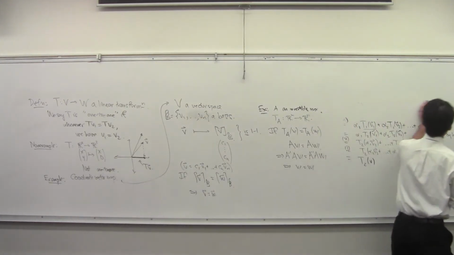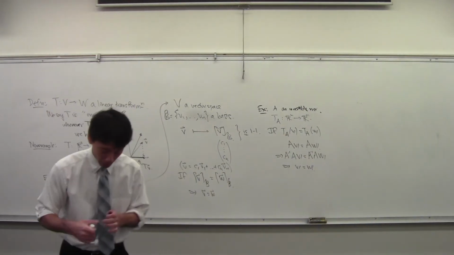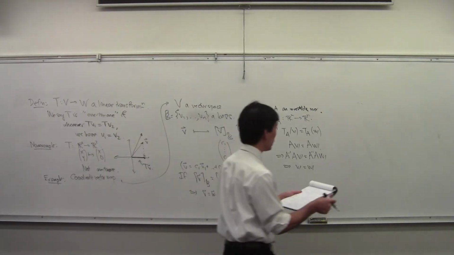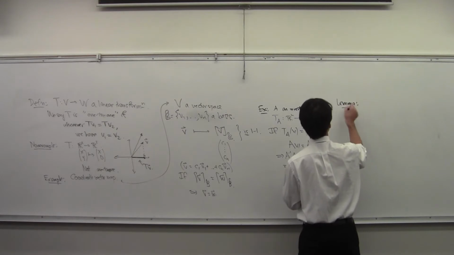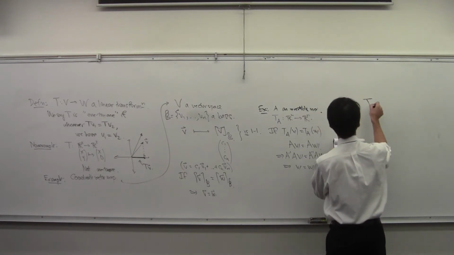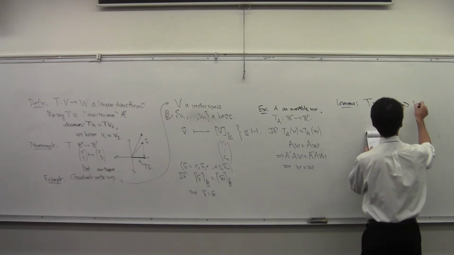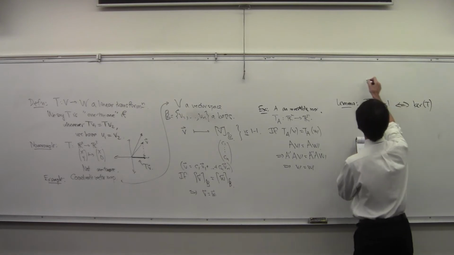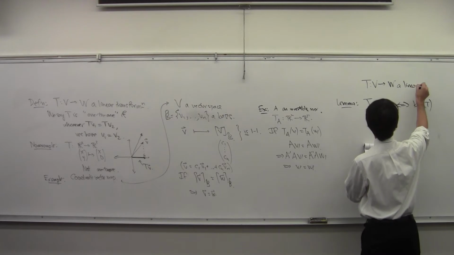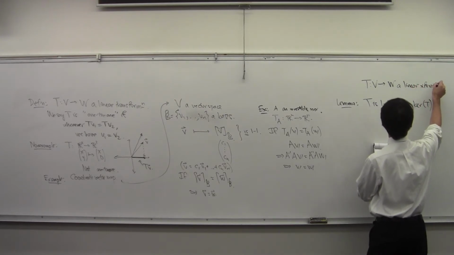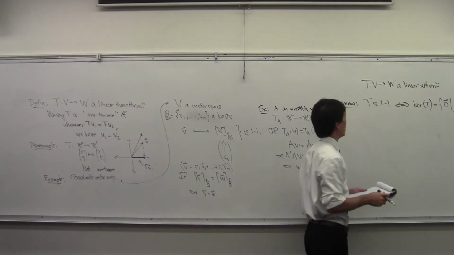Okay, let me give you the important exercise. So here is another exercise. Maybe we'll call it Lemma. T is 1 to 1 if and only if the kernel of T, so you have T, a linear transformation, if and only if the kernel of T is 0.